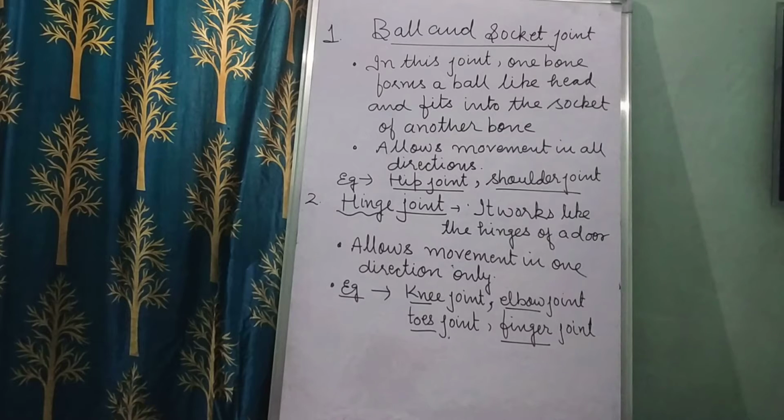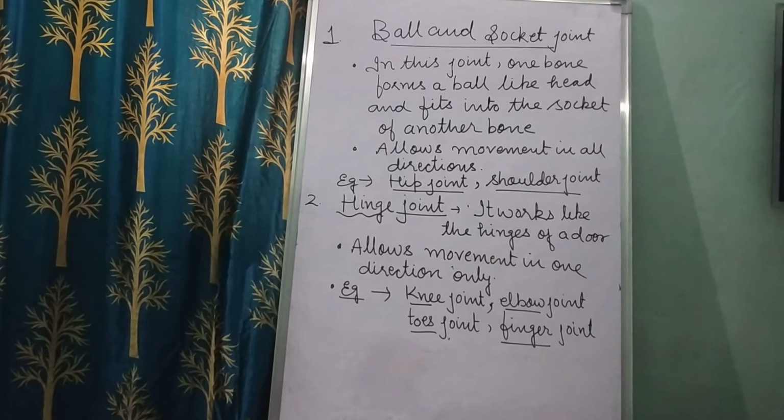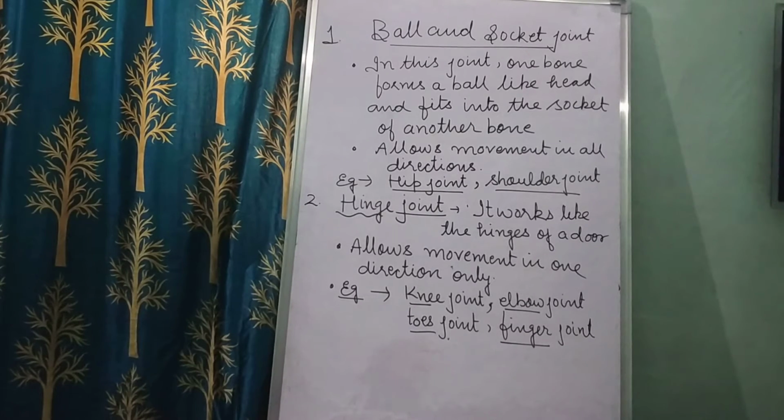It is formed in the shoulder and in the hip joints. So we are easily able to move our arms in all directions with the help of shoulder joints. We can easily move our legs in all directions with the help of the hip joints. So the shoulder joints and the hip joints are the examples of ball and socket joint.